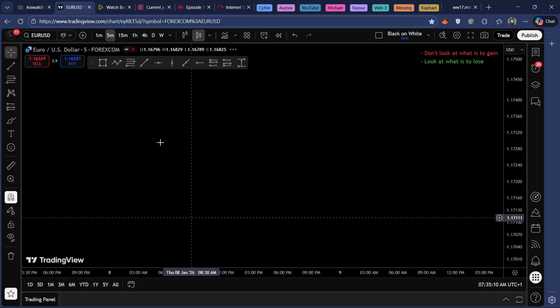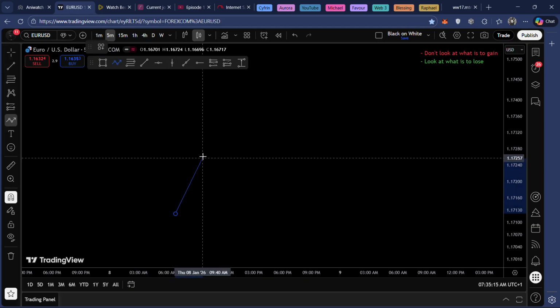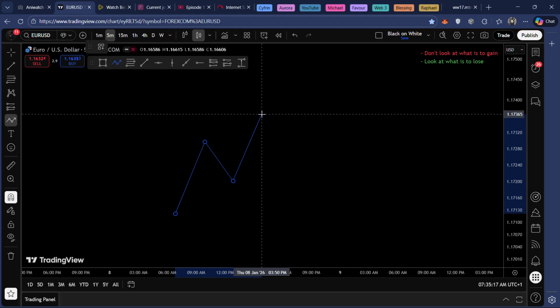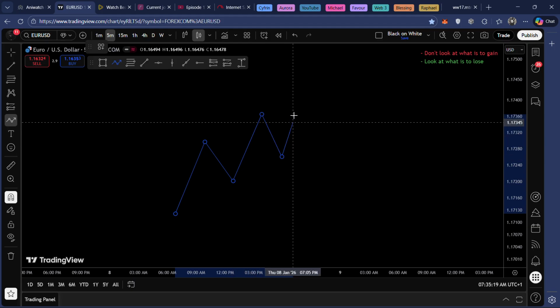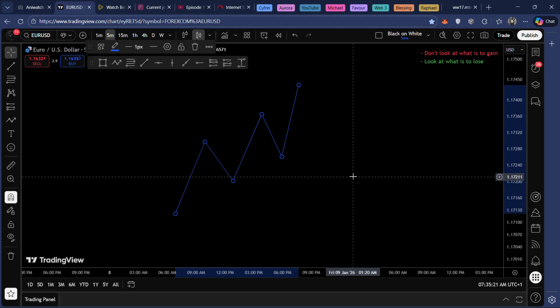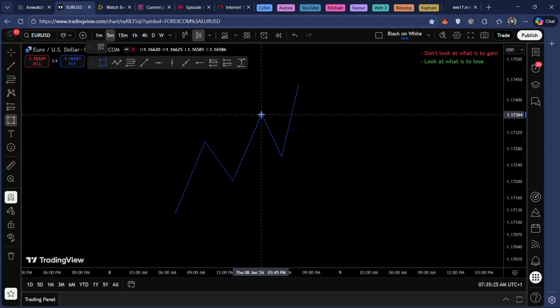Let's say, for example, it's going on an uptrend. The last order block here is this one.